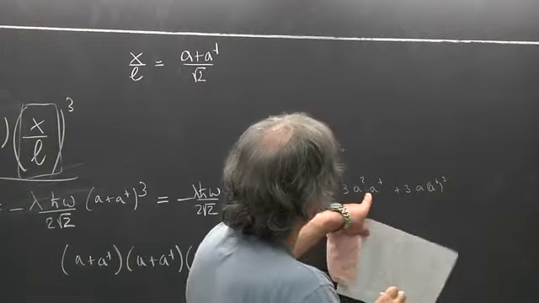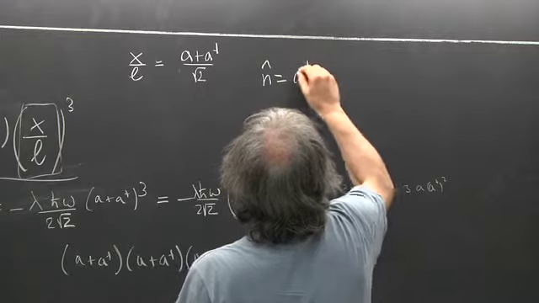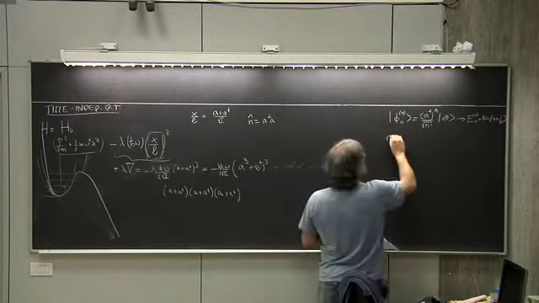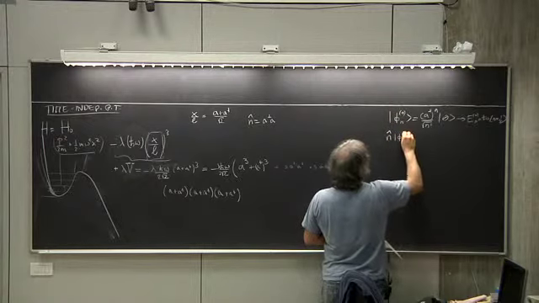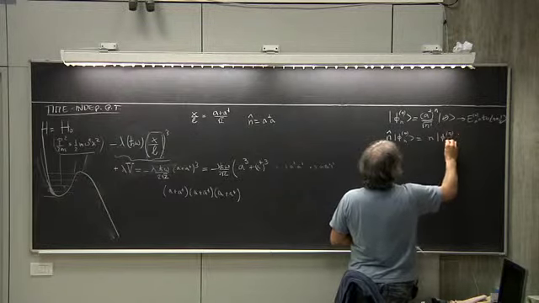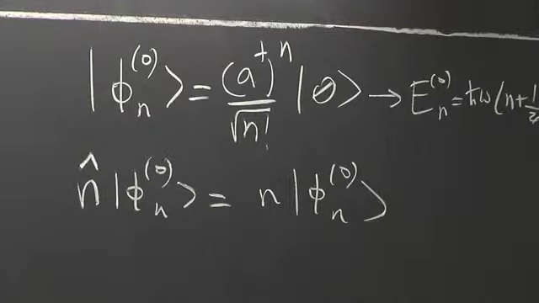hiding behind this thing, there is the operator n, A dagger A. This is an operator that counts n. So n applied to phi 0 n simply gives me the number n times phi 0 n. It counts how many times A dagger appears in the state. So this is hiding here.